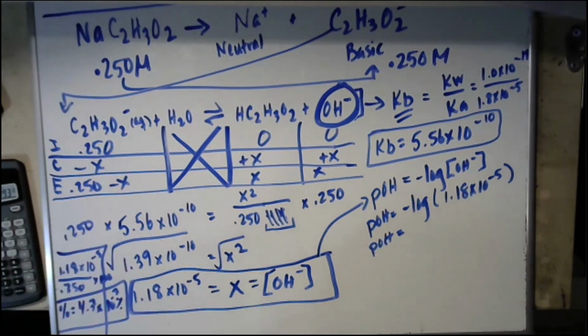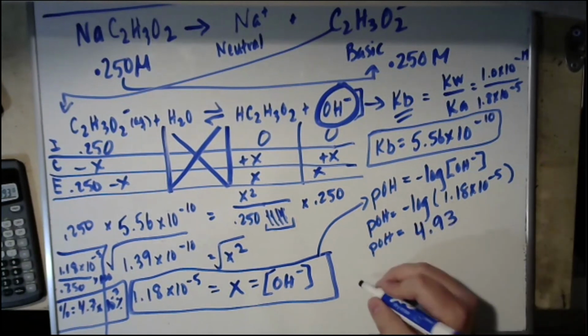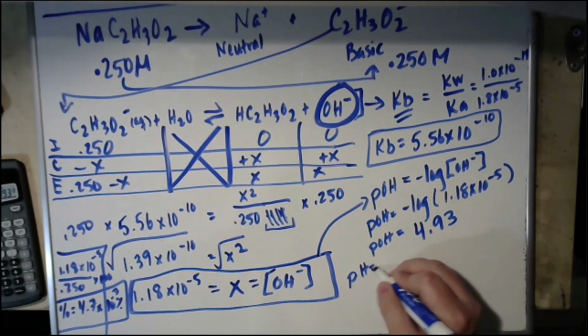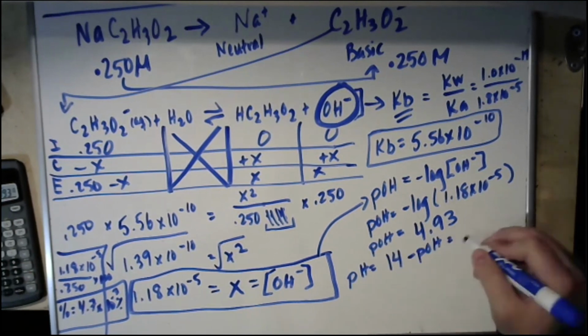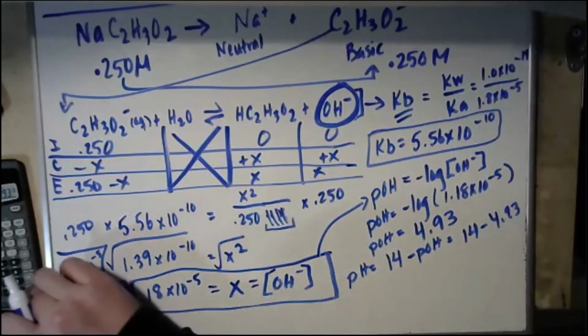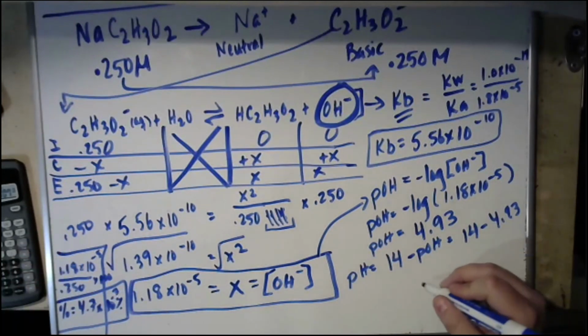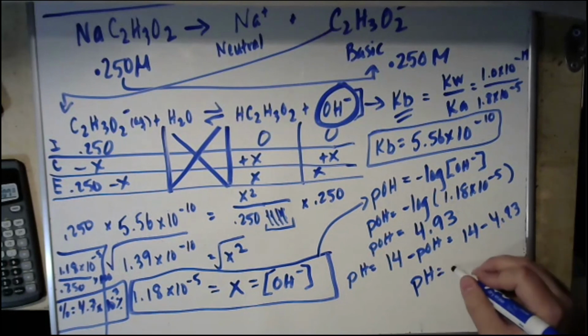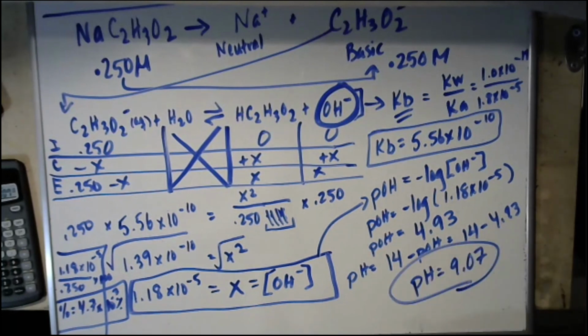Okay, so I have a pOH of 4.93. Now to find my pH, I'm going to do 14 minus pOH, or 14 minus 4.93, and I get a pH of 9.07.